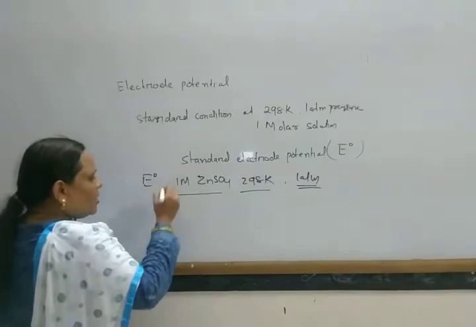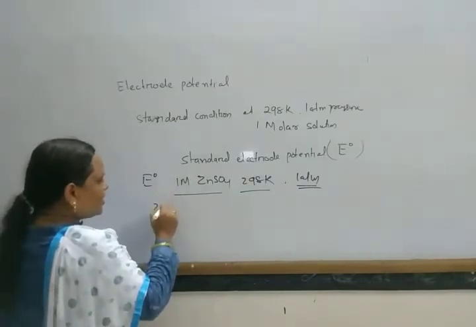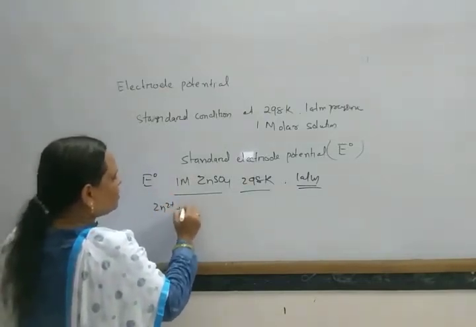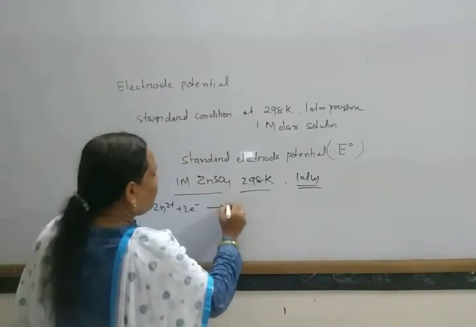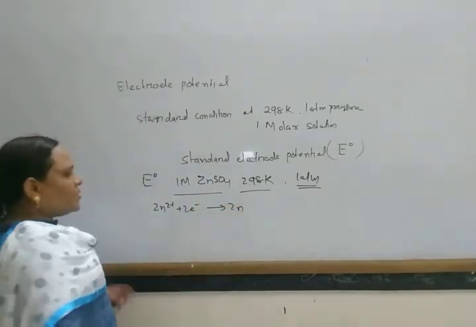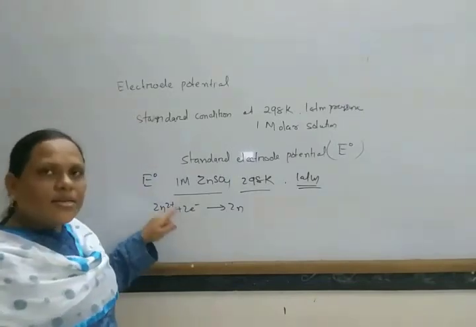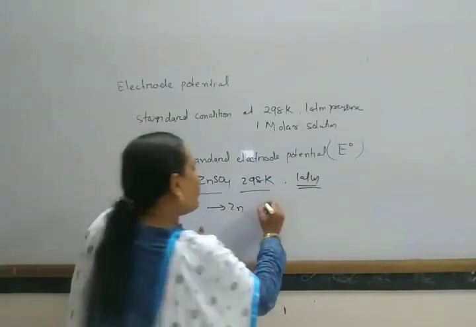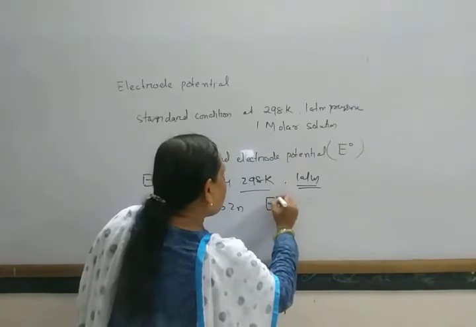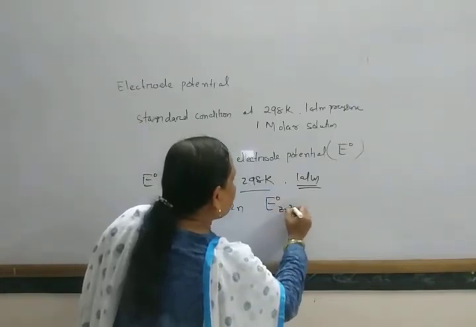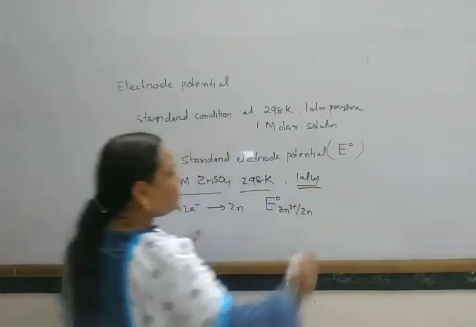Suppose the electrode reaction is Zn2 plus plus 2 electrons giving rise to Zn. Here there is gain of electrons, and this is known as standard reduction potential. We can write E naught Zn2 plus by Zn.